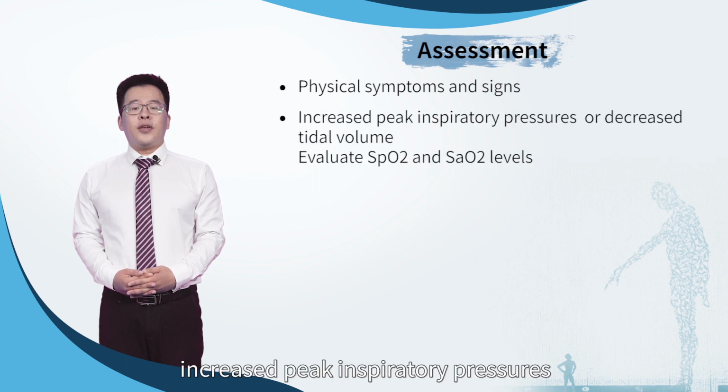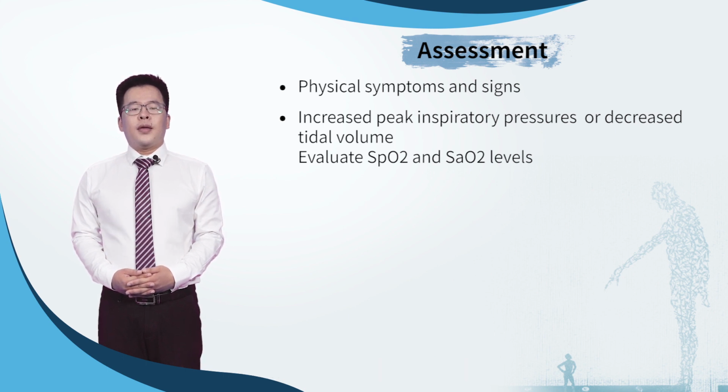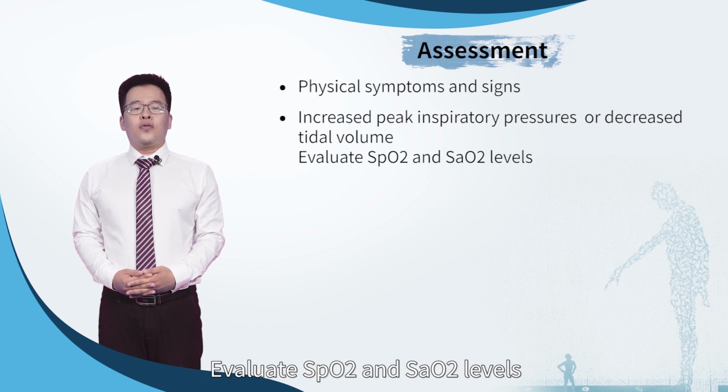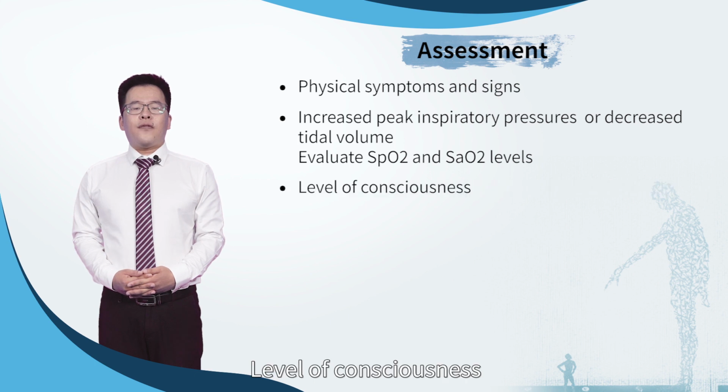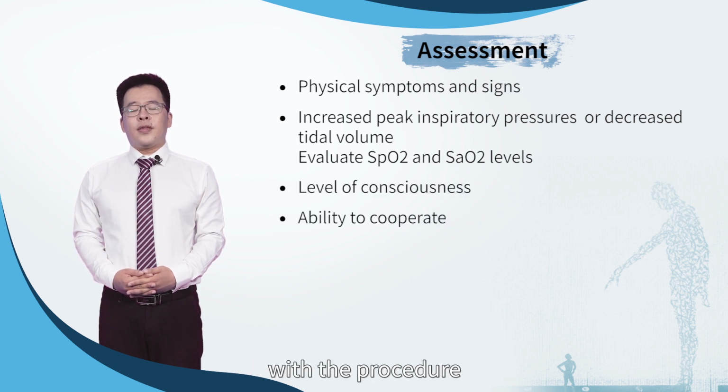Increased peak inspiratory pressures during volume ventilation or decreased tidal volume during pressure ventilation. Evaluate SpO2 or SaO2 levels, level of consciousness as well as ability to cooperate with the procedure.